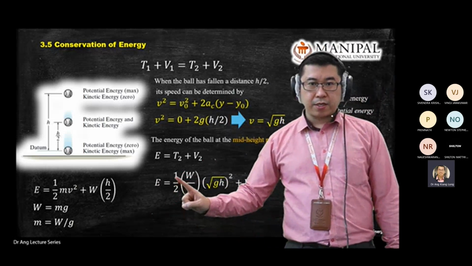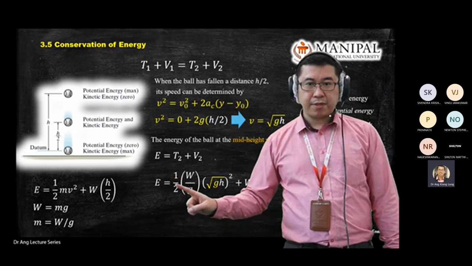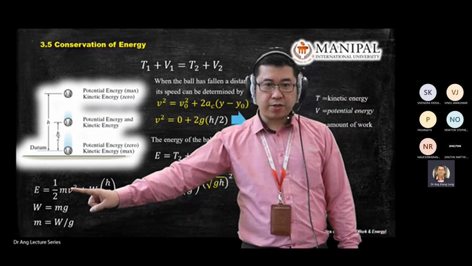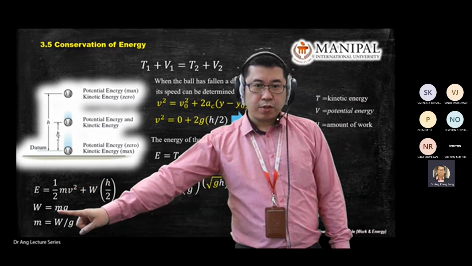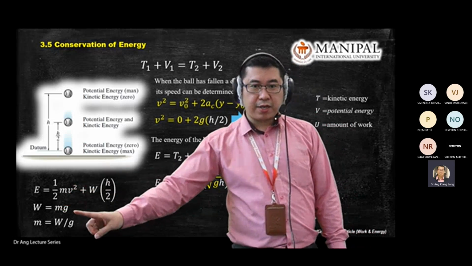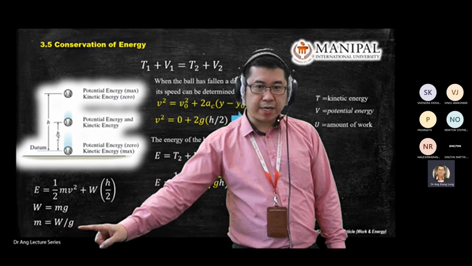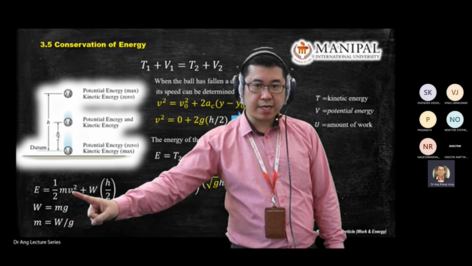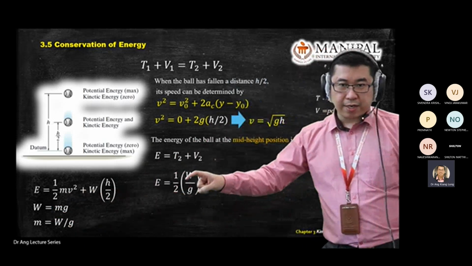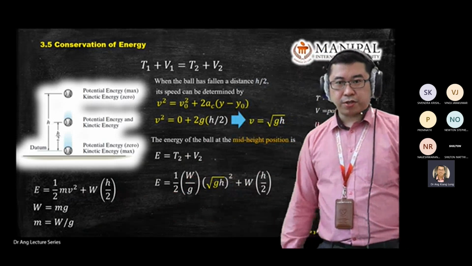Okay, so half m v square. What is your m? The mass here you link with the weight. So weight equals mg, m equals weight divided by g. So substitute this one inside here. You get W divided by g.